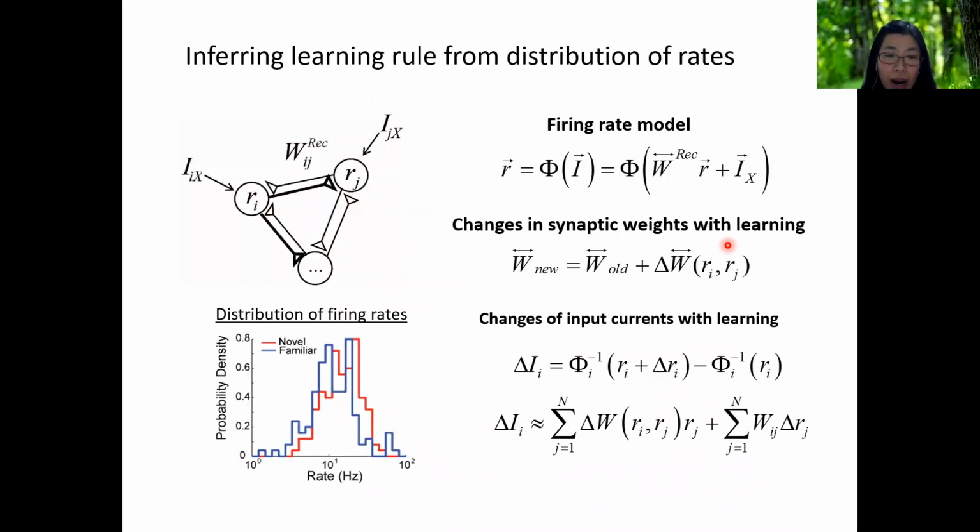So first, to derive the rule from the time average data, I consider the steady state model of the recurrent circuits. In this model, the firing rate of the recurrent circuit is denoted as R, and it maintains this static equality, which is the nonlinear transfer of the input currents.